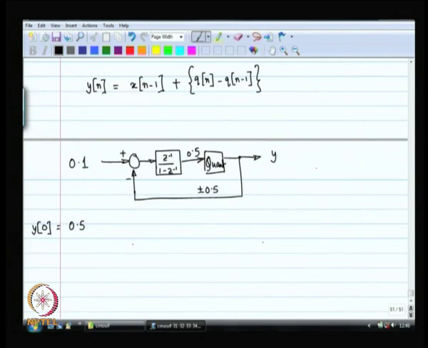So, let us make a table. X is always 0.1, this is y, the input to the quantizer is y hat, and this is error.